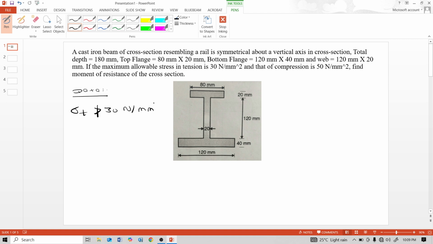The maximum stress, this 30 Newton per mm square, can't be greater than this 30. That means the tension stress limit is 30 Newton per mm square, and the compressive stress limit is 50 Newton per mm square. And we have to find the moment of resistance.